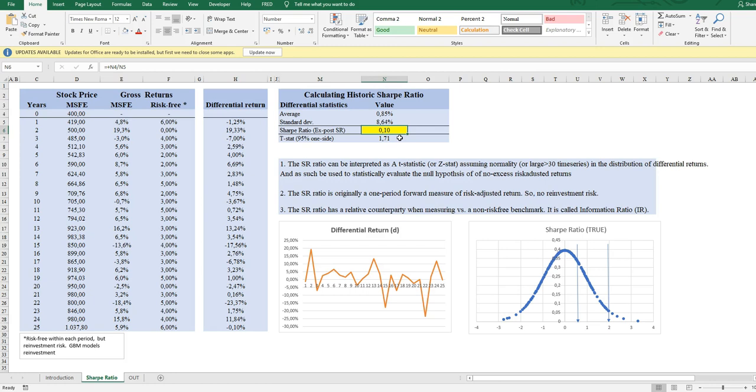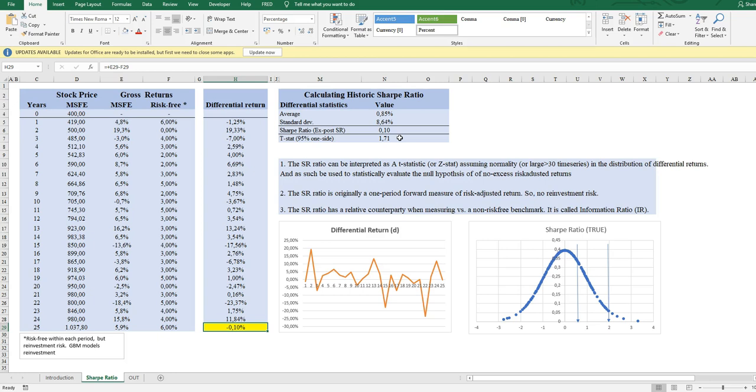So this is one way of applying the Sharpe ratio in a statistical context, by assuming that the differential returns are normally distributed, or if they are not normally distributed, if we don't like that assumption, then we need a large sample size, so that we can apply the central limit theorem that states that with a very, very large sample size we can assume the normal distribution.